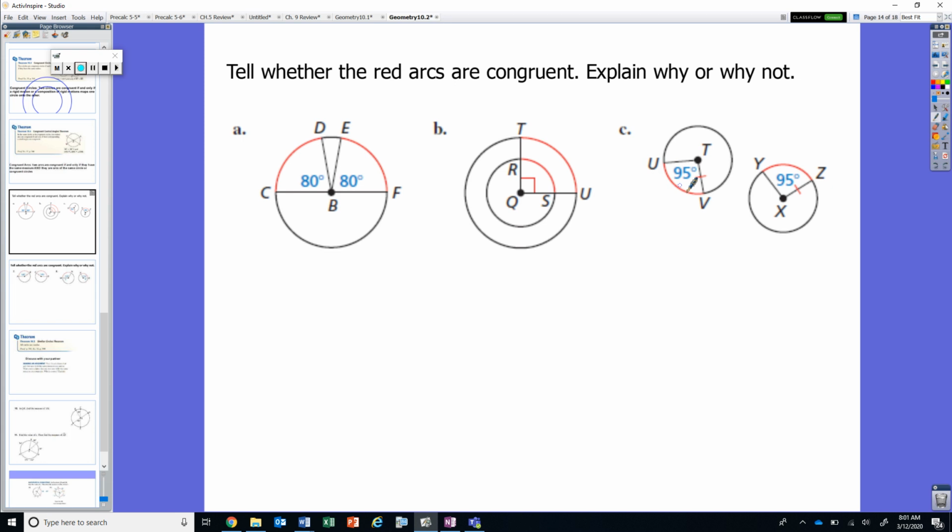So they are congruent in length and they are congruent in measure, or equal in measure, what I should say. So remember, they have to be a part of the same circle or congruent circles to have equal arc length.